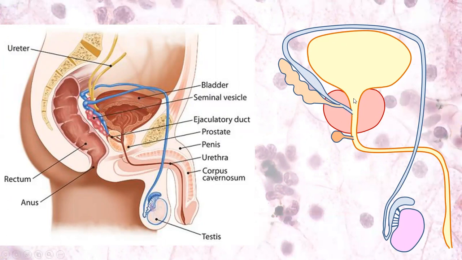All those substances are going to urethra. Also, products from prostate gland are released to urethra, as well as product of bulbourethral glands. And final mix of fluids and spermatozoa is going to the spongy urethra and to outer environment.